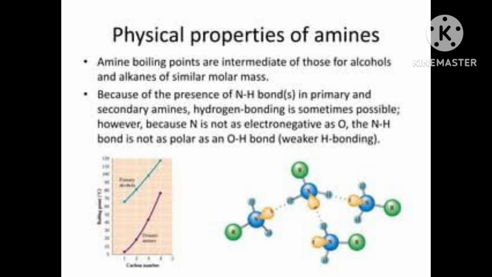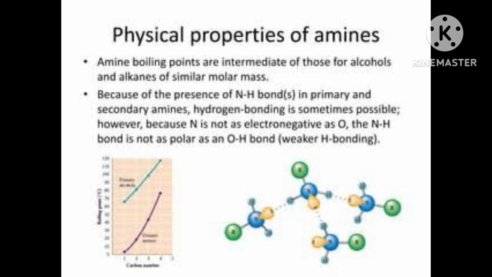In benzamine, NH2 is attached directly to benzene. So benzamide C6H5CONH2 will give C6H5NH2, which is aniline or benzamine.